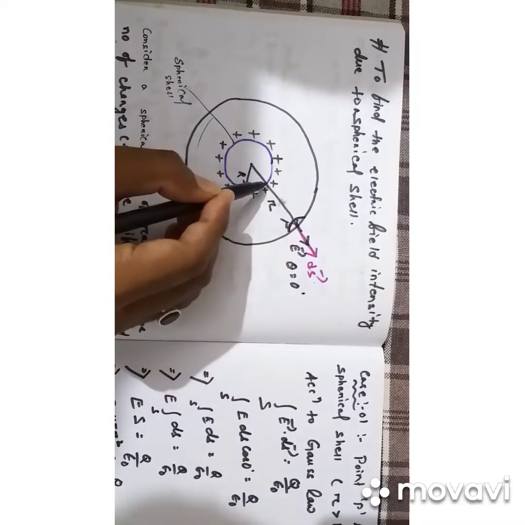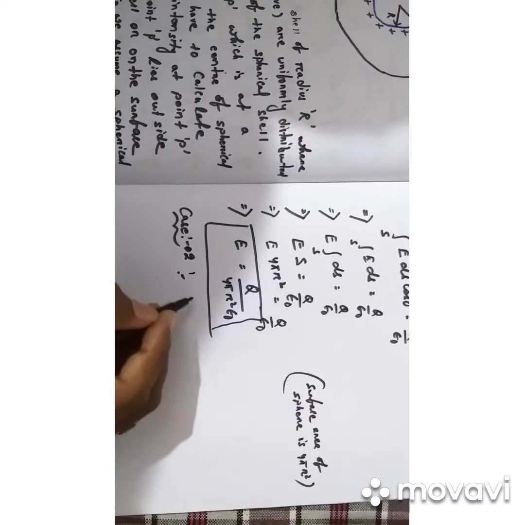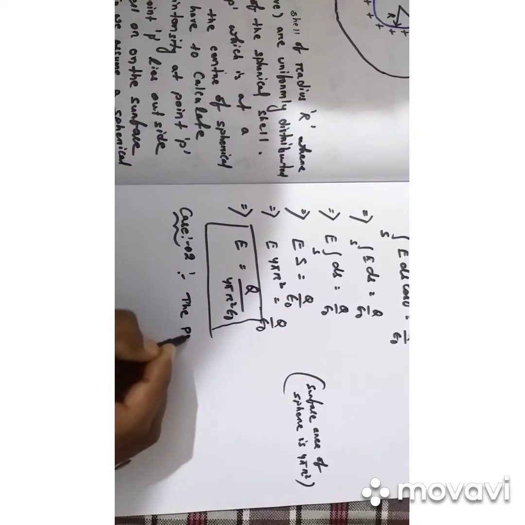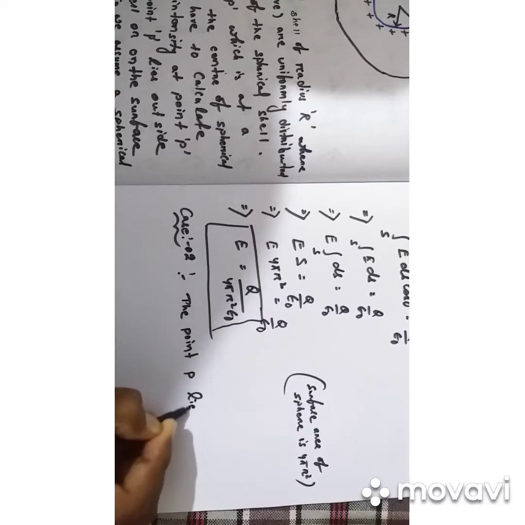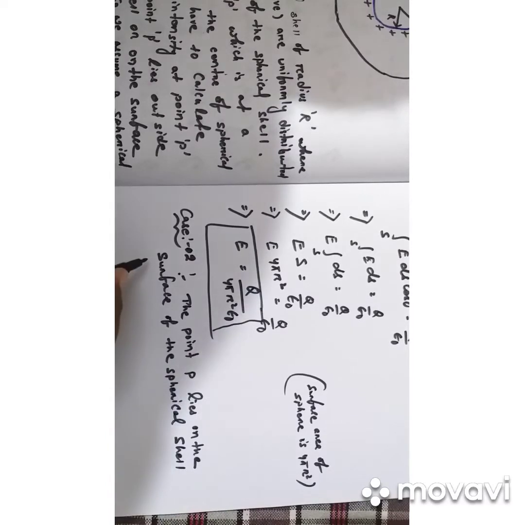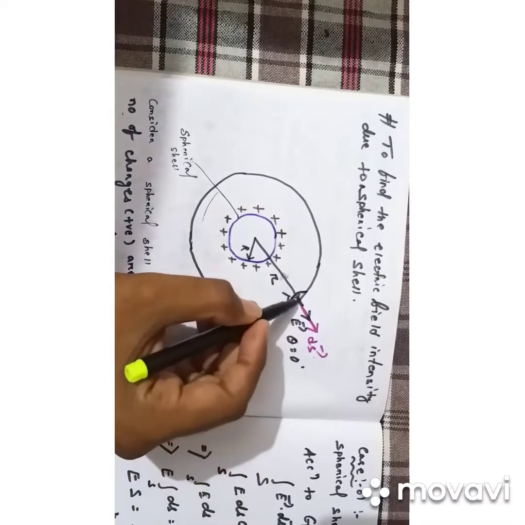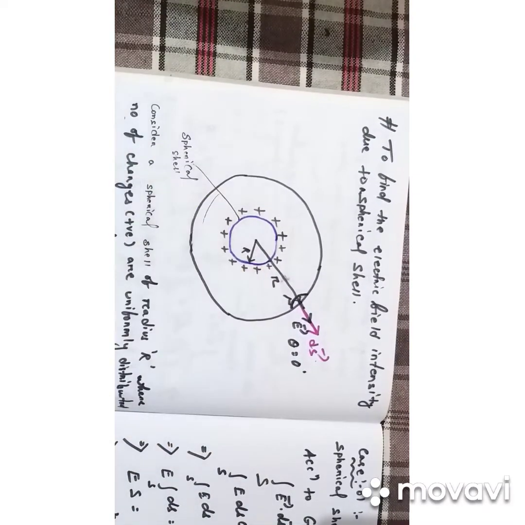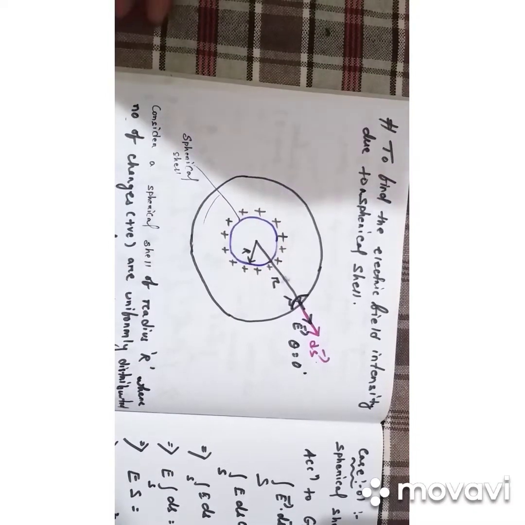Here the point P lies on the surface of the spherical shell, that is r equal to R, small r equal to capital R. At that case, small r equal to capital R.